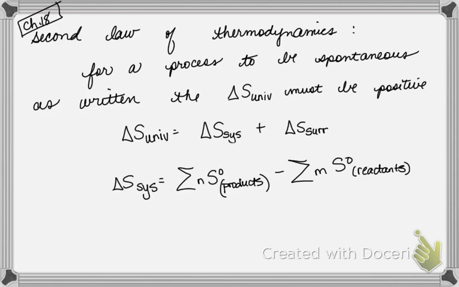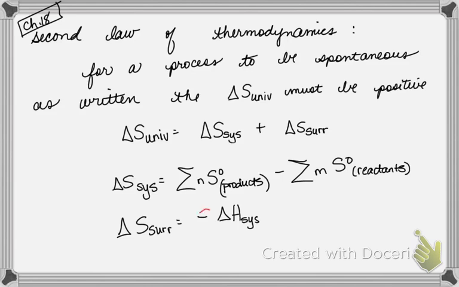To calculate the delta S of the surroundings, it was discussed in a previous lecture just with the sign, whether it's positive or negative. If a process is exothermic, that releases heat, which is going to cause the surroundings to warm up.